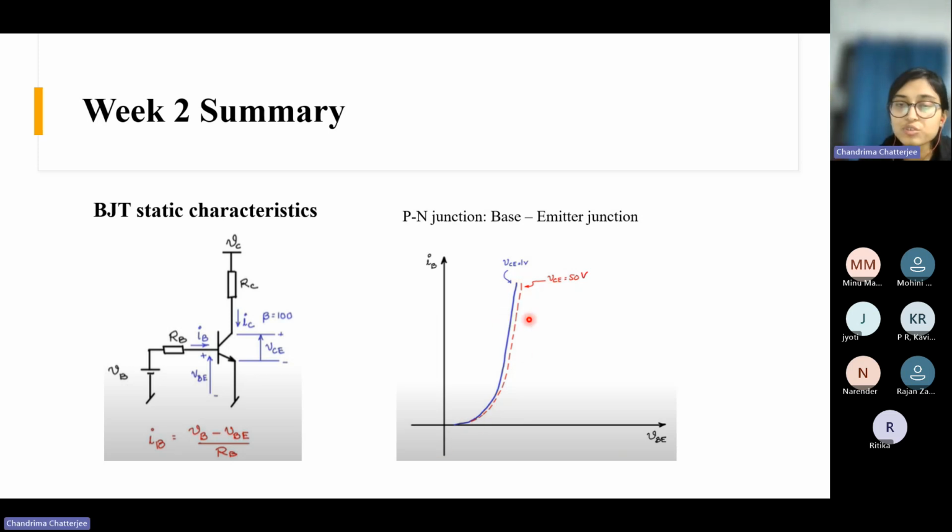Here, with a change in VCE, there is a slight change in these characteristics, but it is not very significant. But yes, there is some change in this curve. This curve basically resembles the characteristic of a PN junction diode, right? So this is another static characteristic.